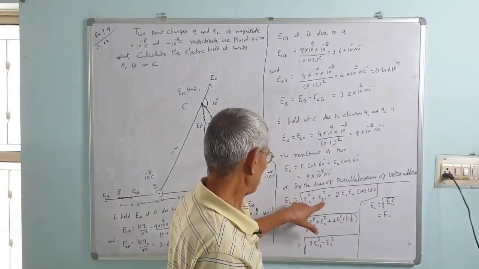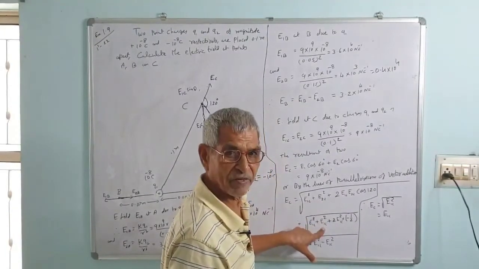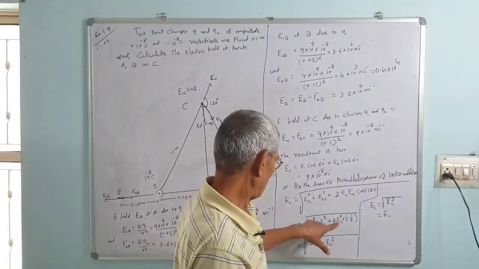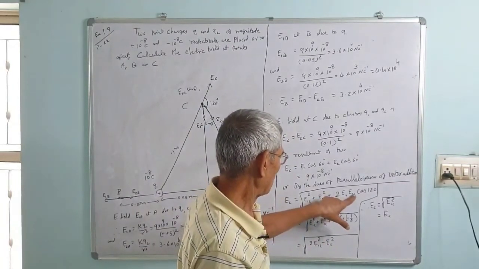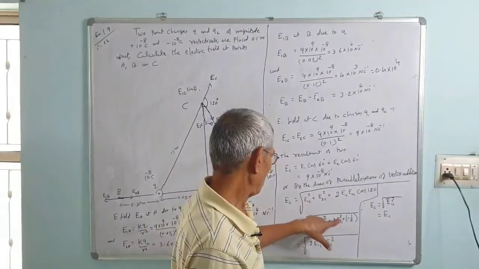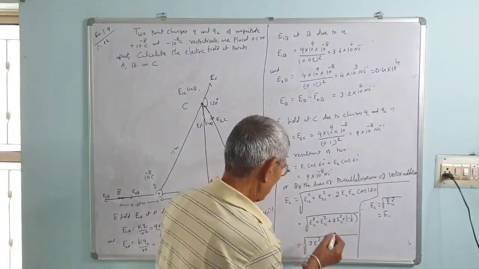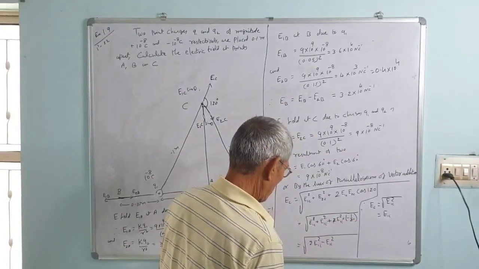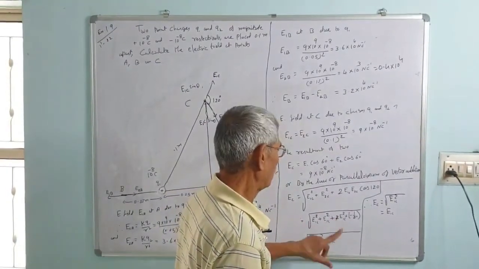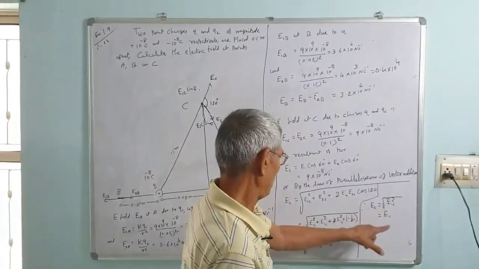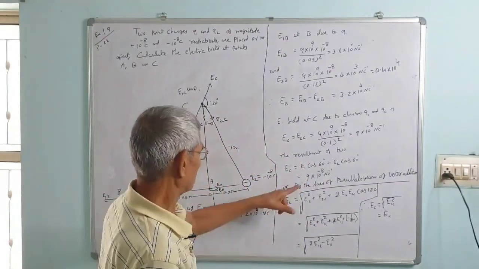Since E1C is equal to E2C, we get E1C square plus E1C square plus 2 E1C square times cos 120, and cos 120 is equal to minus half. So minus half, the 2 cancels, giving minus E1C square. So 2 E1C square minus E1C square is equal to E1C square. So EC is equal to E1C, either of the forces, and that has the same magnitude.